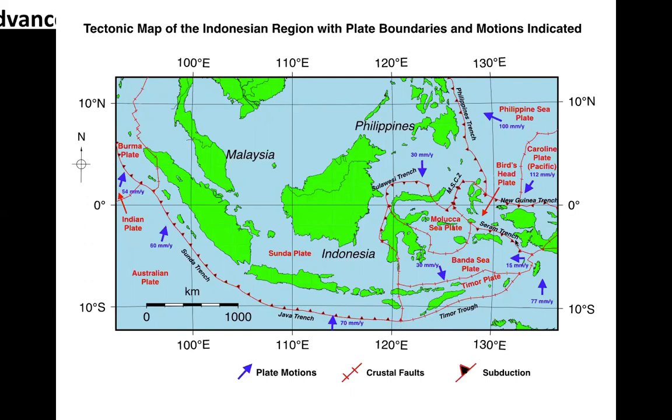Convergence is more complexly partitioned amongst several microplates in the east, being the Timor Plate, the Banda Sea Plate, the Molucca Sea Plate, and the Bird's Head Plate.